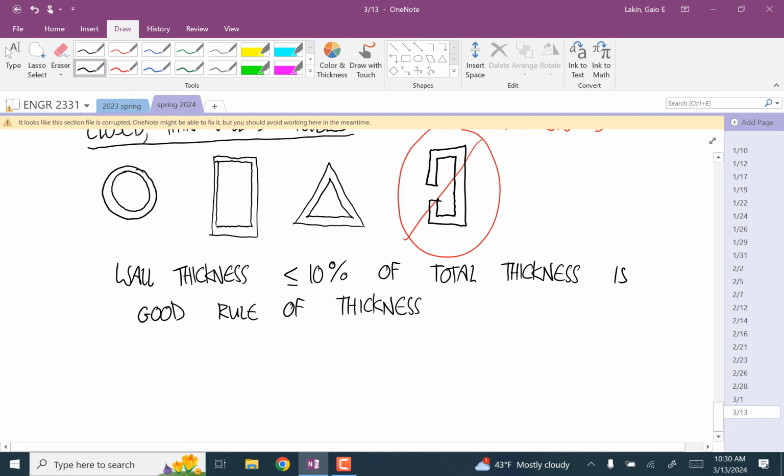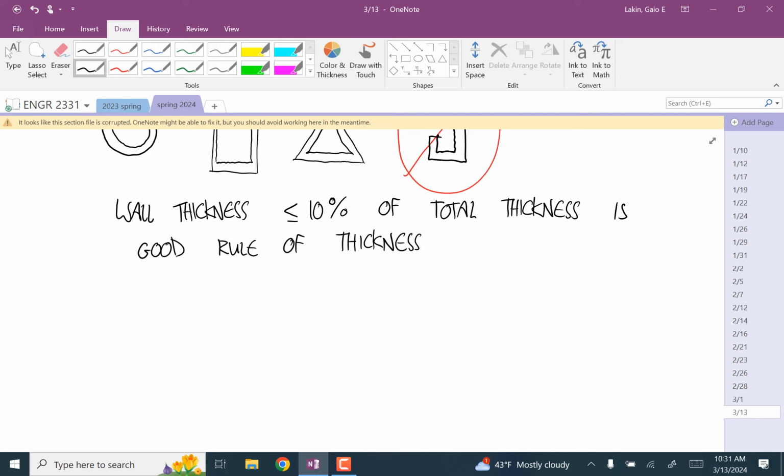Obviously, it's not a cutoff like at 9.9% it works perfectly, and at 10.1% it fails completely. The thinner the walls are compared to the overall thickness, the better this is as an approximation. Okay.